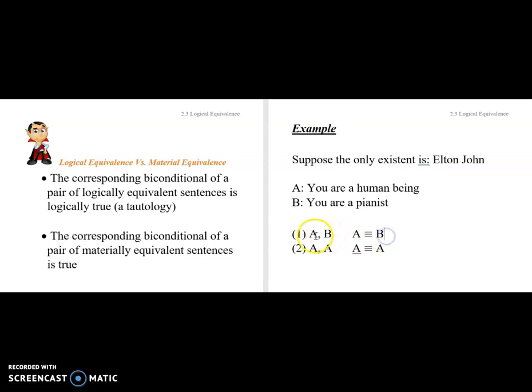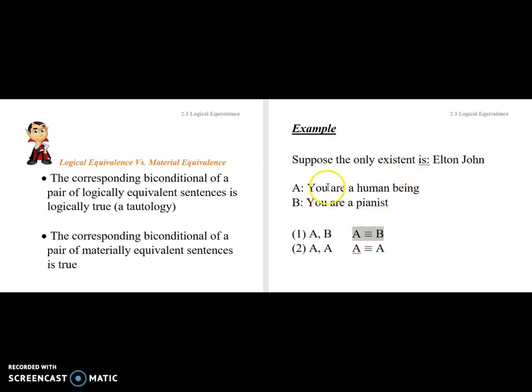This is not a tautology, and therefore A is not logically equivalent to B, but they are materially equivalent in this situation, right? How do I know that, as a matter of fact, A is materially equivalent to B? Well, because this proposition is true. There are different circumstances on your truth table. Sometimes it's true, sometimes it's false, but in this actual circumstance, as a matter of fact, it's true.